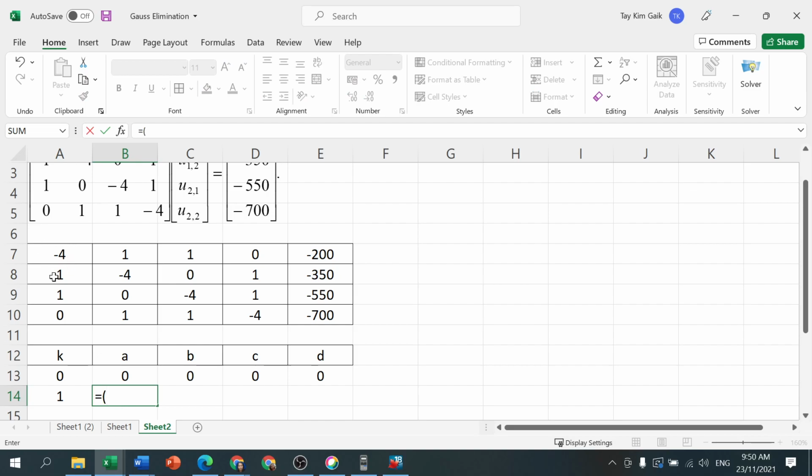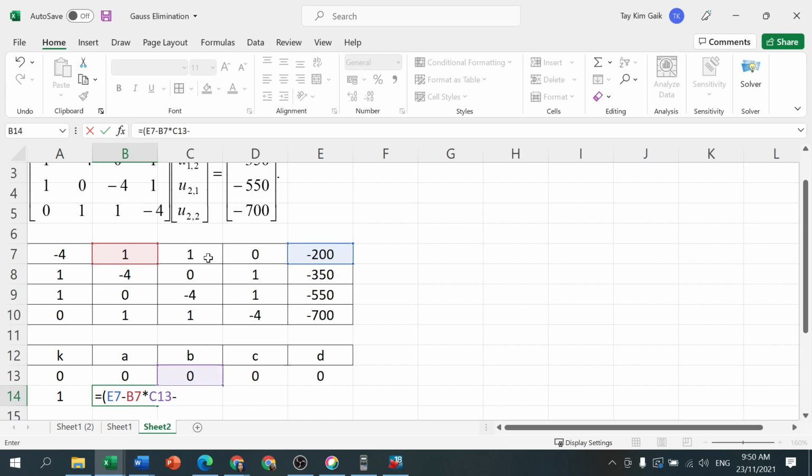Solving for A here, you take this right hand side minus this cell times, this is a constant, 1 times, minus, because this one brings to the other side, B.